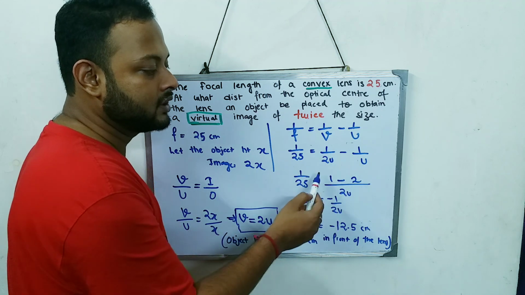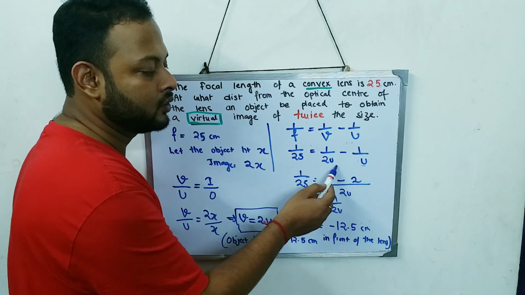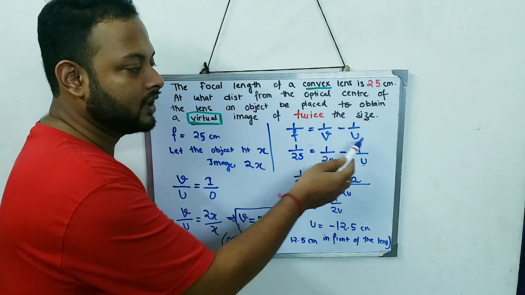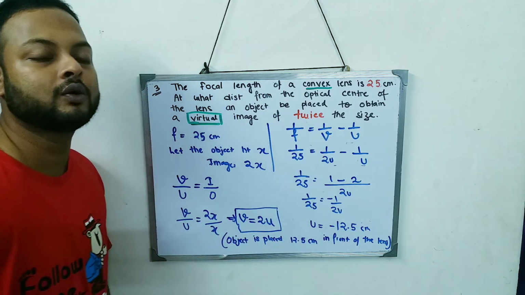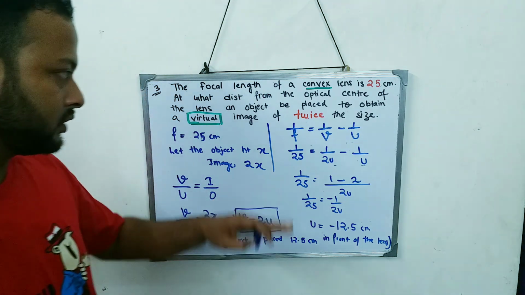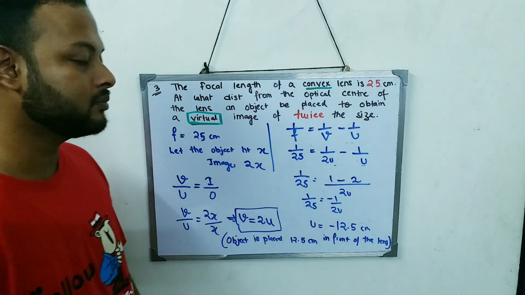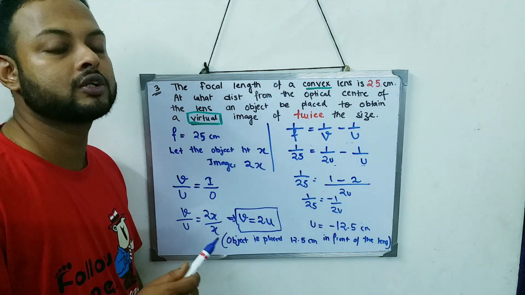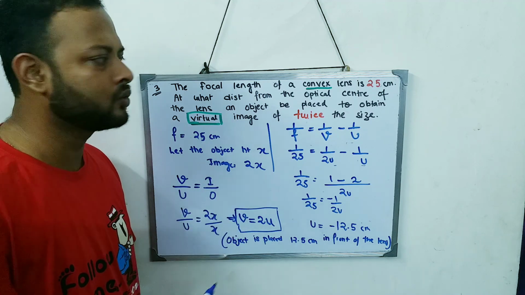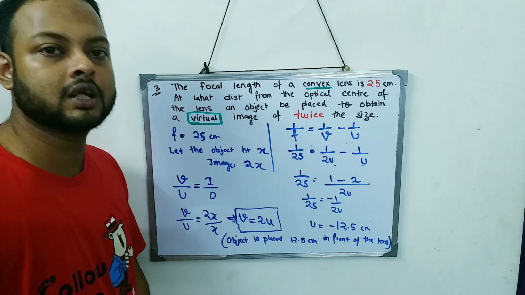Now in this equation there is only one unknown, u, which can be simplified. But if you keep that as v and u, the equation is a dead end, you cannot solve the sum. We are going to do this kind of sums in question number 4 also, similar to question number 3. So let's do question number 4.